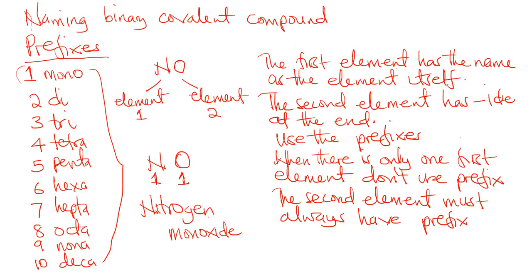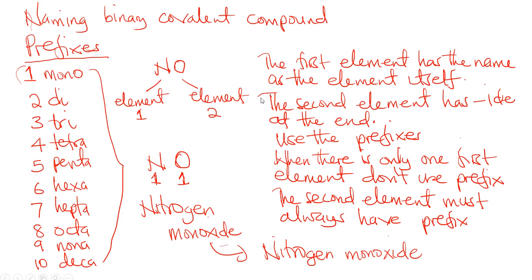The second element must always have a prefix. So a prefix for 1 is mono. So we are going to call this compound nitrogen monoxide, which means we have nitrogen with 1 oxygen. That's what it means.